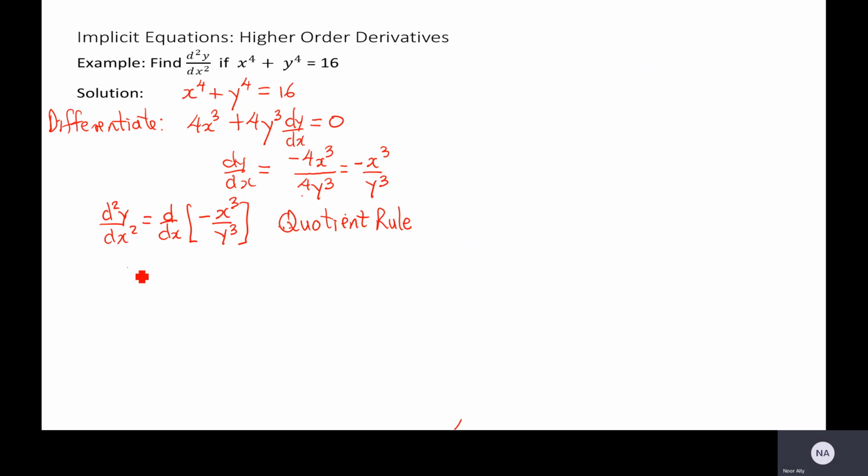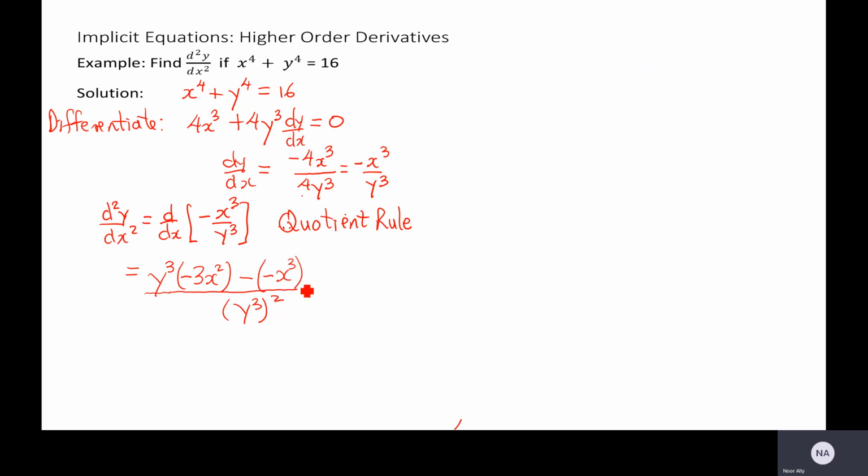So applying the quotient rule now, the denominator, y cubed, must be squared. The numerator, y cubed, times the derivative of the numerator, I beg your pardon, 3x squared, minus, now I leave the numerator, which is minus x cubed.